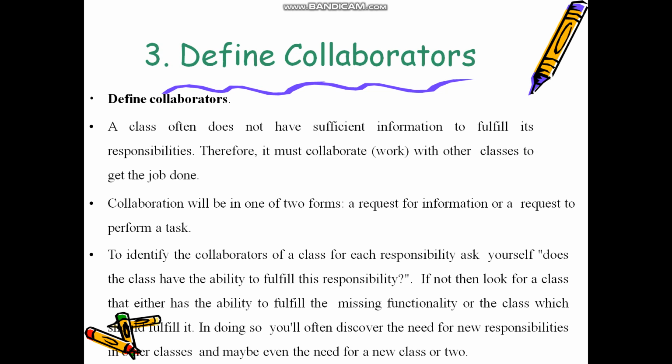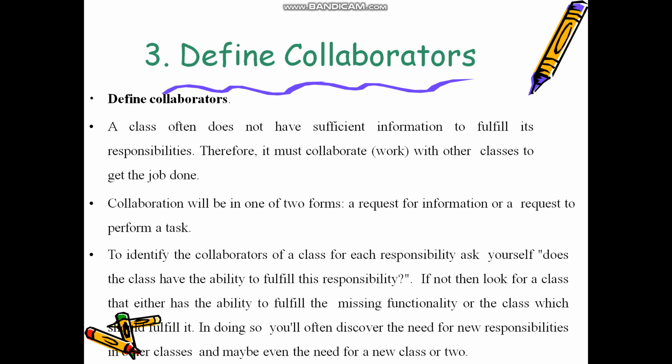Suppose, for example, one class is student. This student class has some responsibilities, to attend the lecture and to maintain the discipline. Each student has some attributes, suppose name, ID, address, phone number. All of this in the college management system collaborates with a specific class, I think, the seminar.